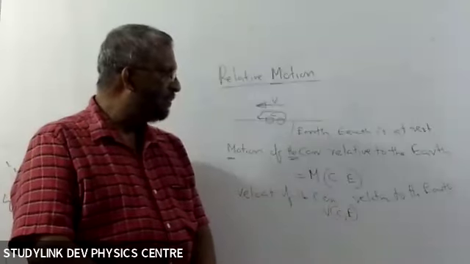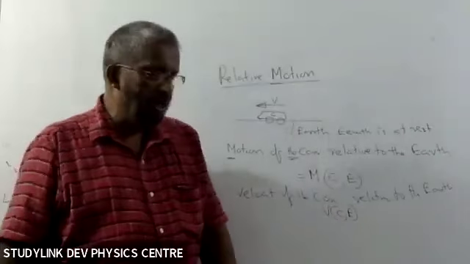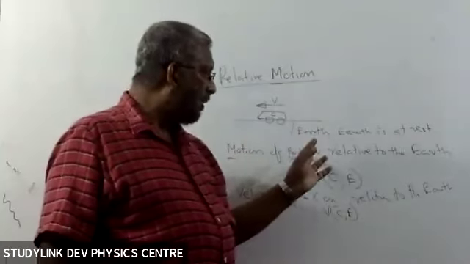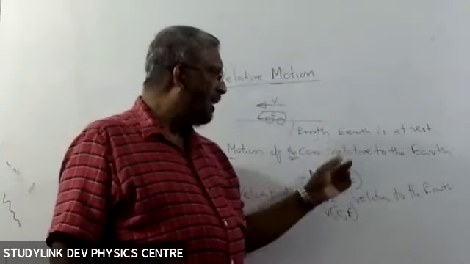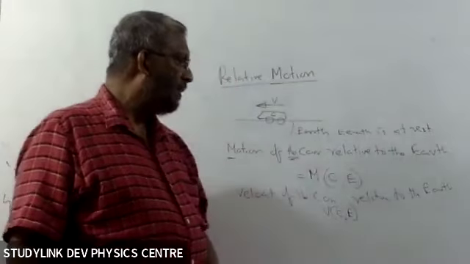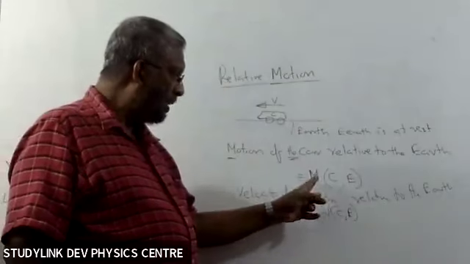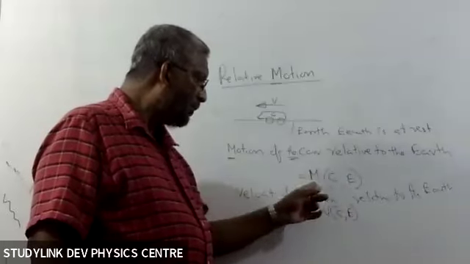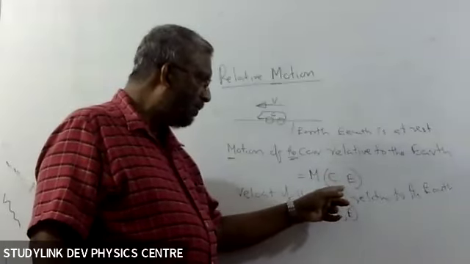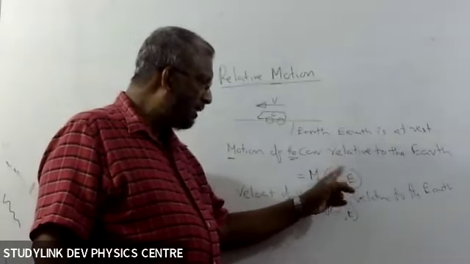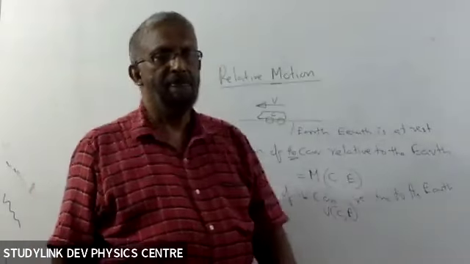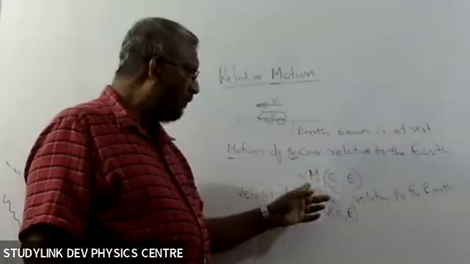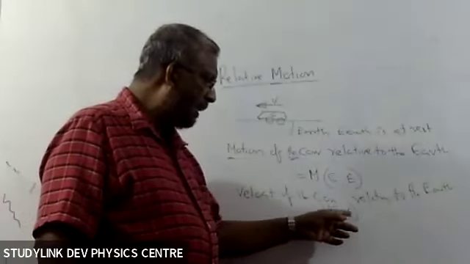Then the notation: motion of the car relative to the Earth is denoted by M within brackets c comma e. That means motion of the car relative to the Earth, where the comma stands for relative to. If it is the velocity, it should be written v within brackets c comma e.